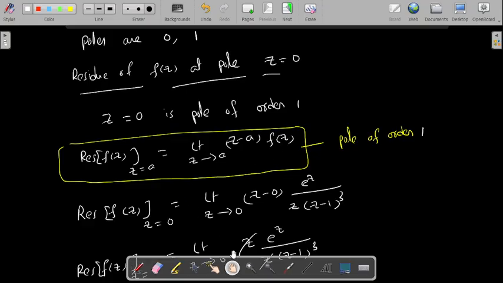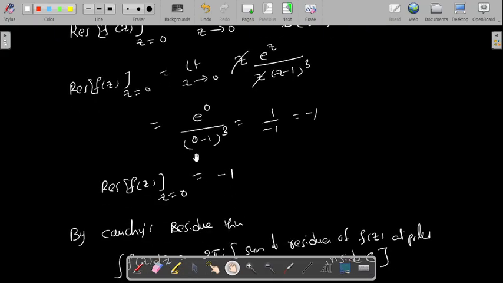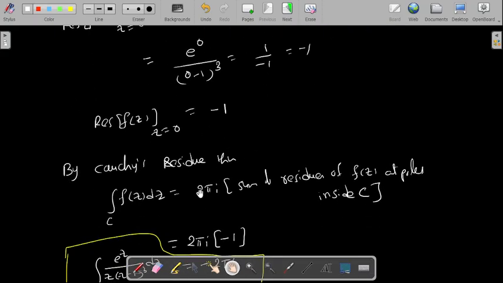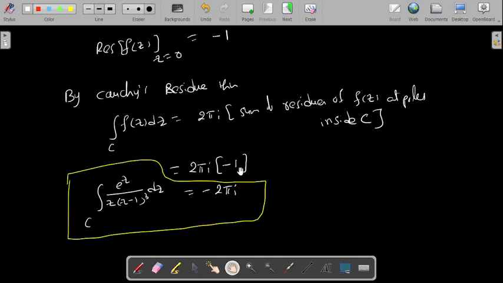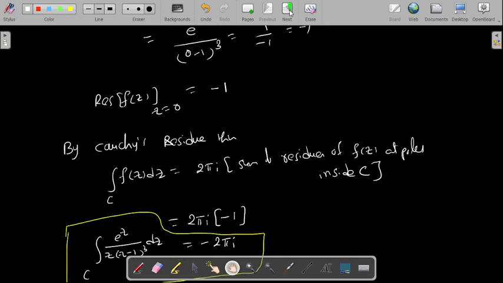Applying it with a equal to 0, you get the residue. Then by Cauchy's residue theorem, 2 pi I into the sum of residues. Only one pole is inside, with residue minus 1, so 2 pi I into minus 1 is minus 2 pi I.